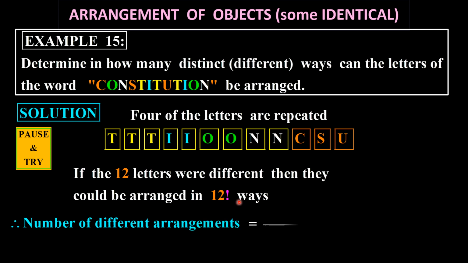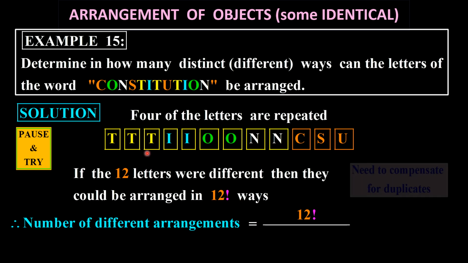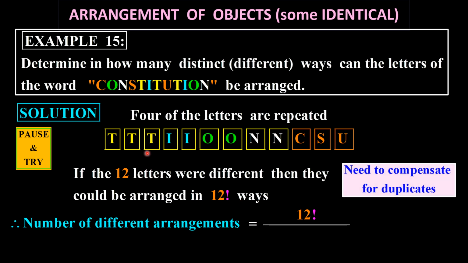So first of all, we have the 12 factorial, but we have to compensate for the repetitions. There are 3 T's, so that will be 3 factorial. We have 2 I's, so that's 2 factorial, 2 O's, that's 2 factorial, and 2 N's, and that is 2 factorial. Let's calculate that, and there we have the answer.